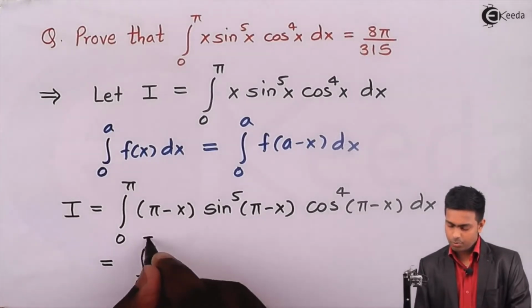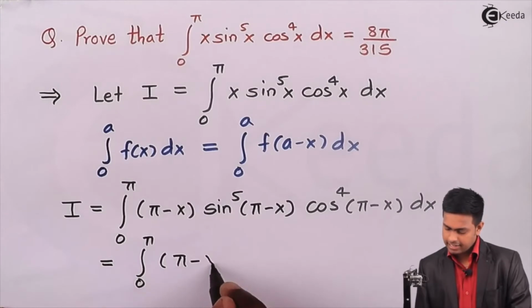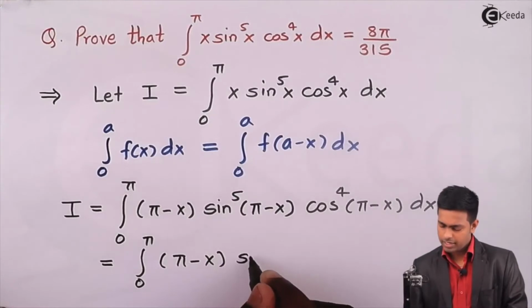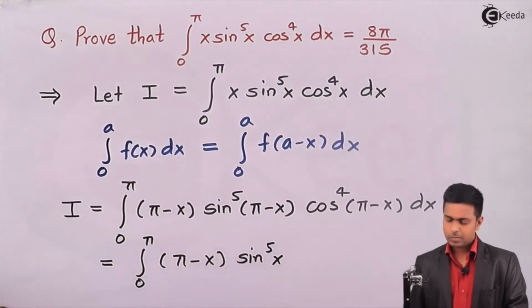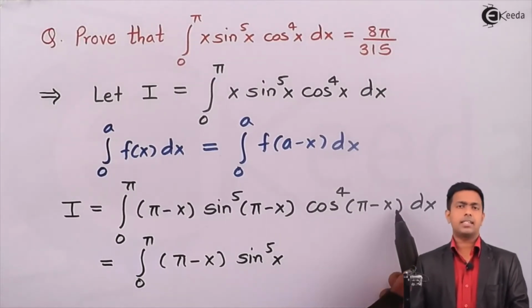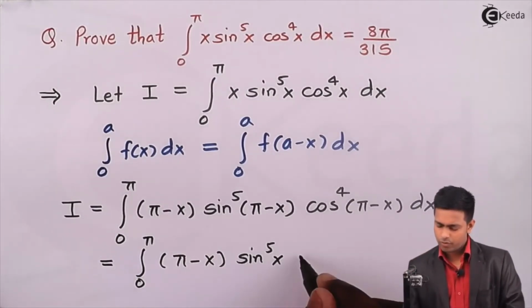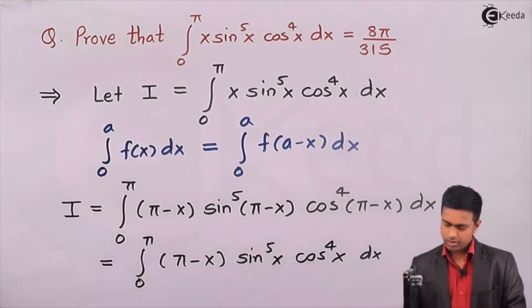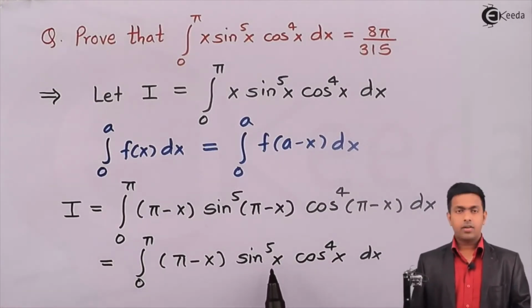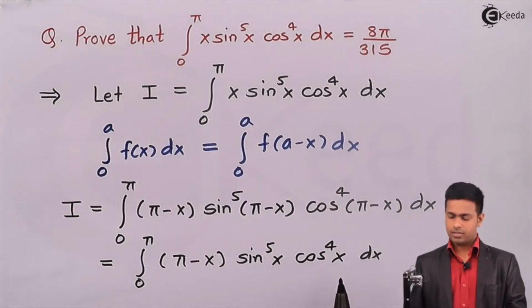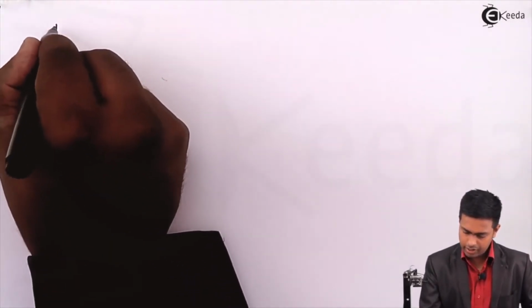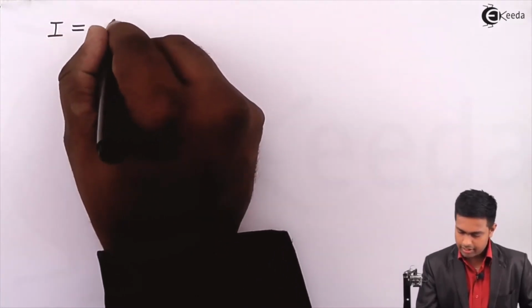Sin of pi minus x is sin x, and raised to 5 it becomes sin^5 x. Cos of pi minus x is minus cos x, but raised to 4 it becomes positive cos^4 x dx. Now we multiply this bracket with sin^5 x into cos^4 x, so we get I equal to the integration 0 to pi.